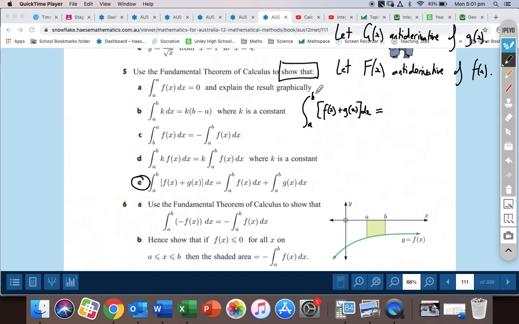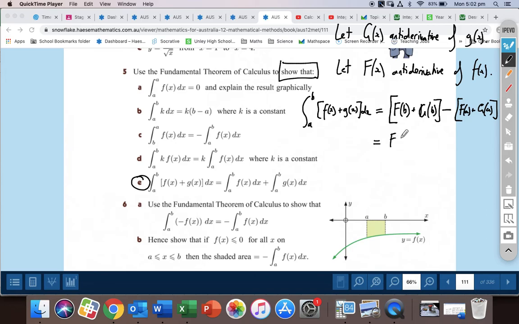We've got to put the antiderivative with b's substituted in, and the antiderivative of f of x is capital F, and of g of x is capital G. So the statement's going to look like capital F B plus capital G B, minus capital F A plus capital G A. Now with just a smidgen of algebra here, we can do a bit of rearranging.